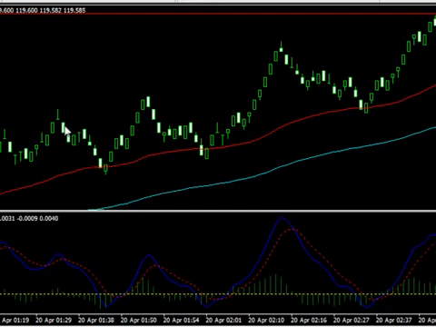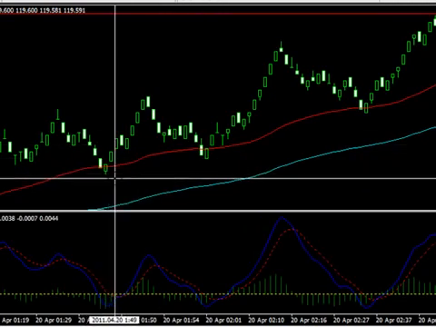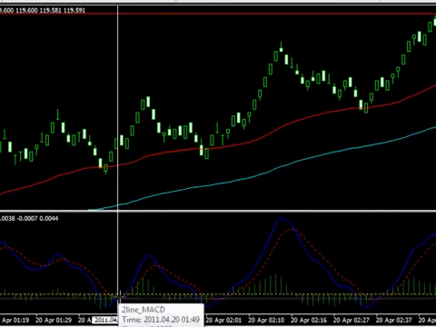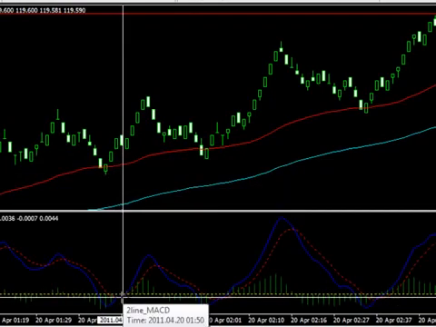And the ideal is we've got some movement, that sine wave, up, down, we can see that. And we see price pulls back into the 50 and then bounces off the 50, coinciding with a cross of the MACDs.